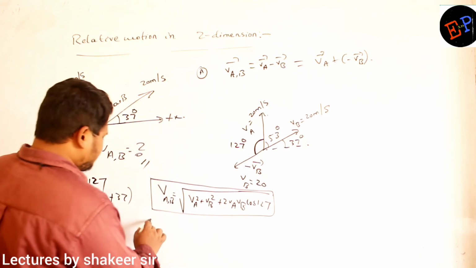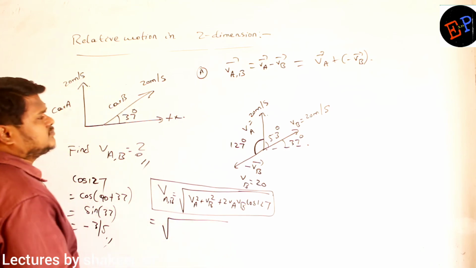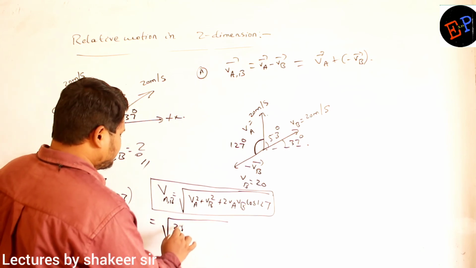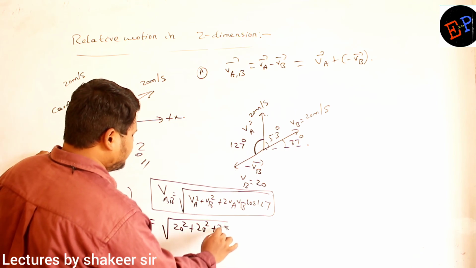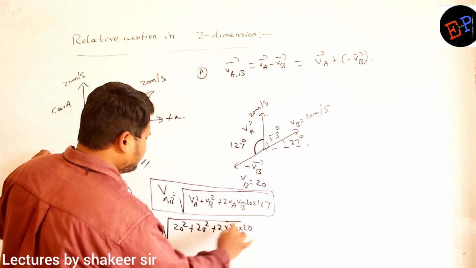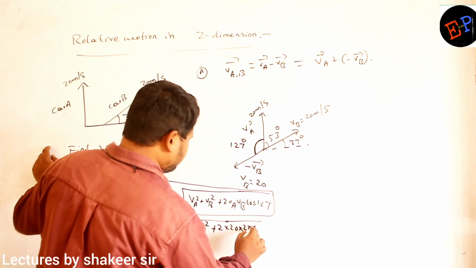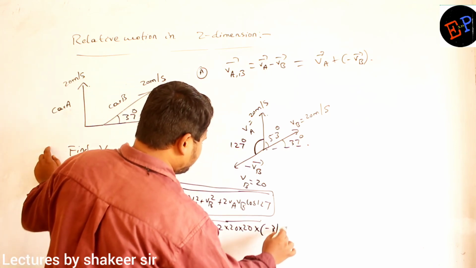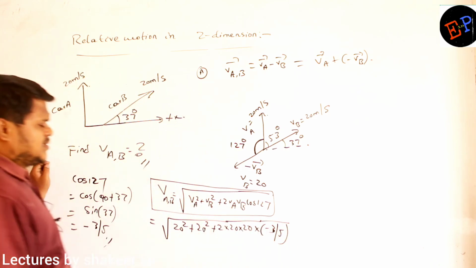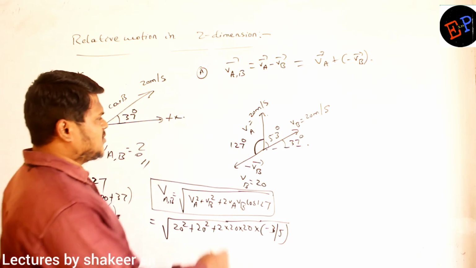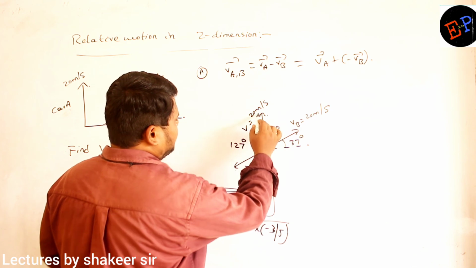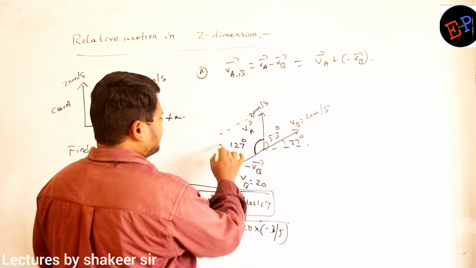Substitute here. So it is square root of 20 square plus 20 square plus 2 into 20 into 20 into cos 127, which is minus 3 by 5. Now just do this calculation. That is the relative velocity of A with respect to B. And what is the direction? Duplicate the vectors, this vector and this vector.